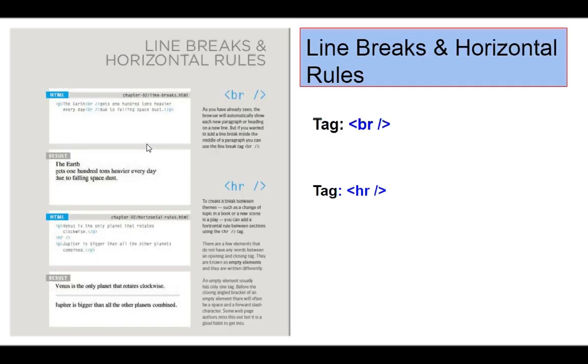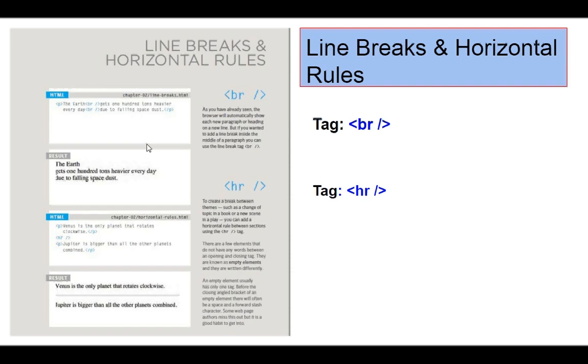Okay. So next come line breaks and horizontal rules. So what is a line break? Typically when a browser opens any text, it shows each paragraph and heading on a new line. But if you want to add a line break in the middle of a paragraph, then we can use a line break tag.